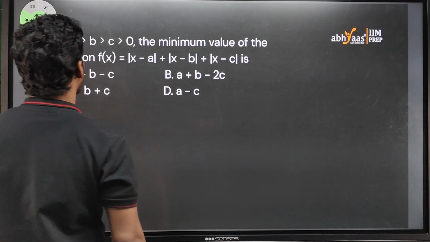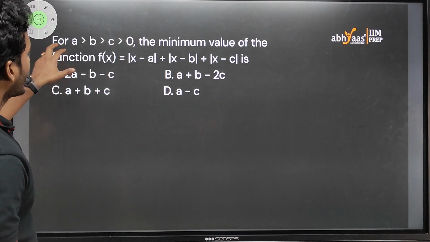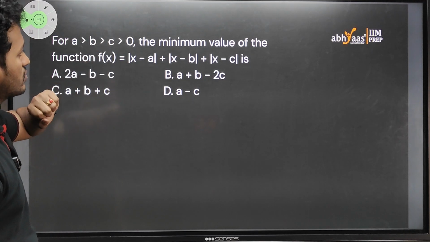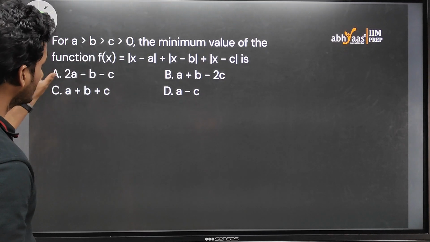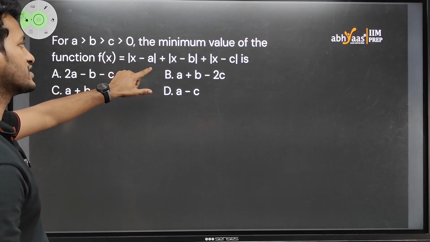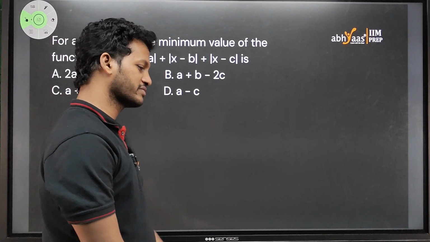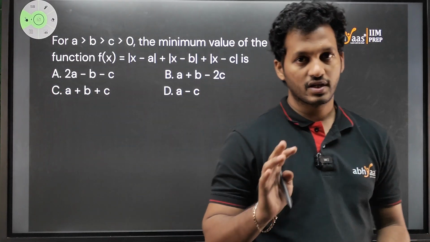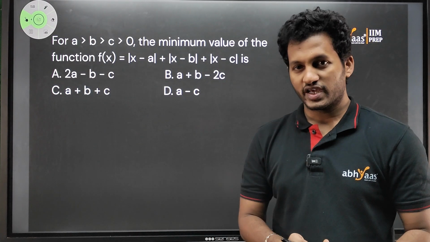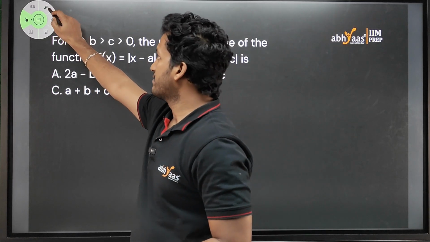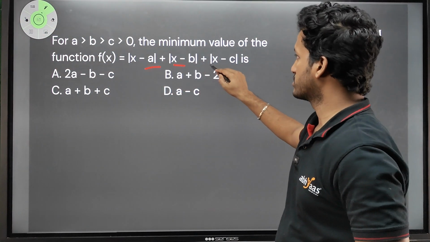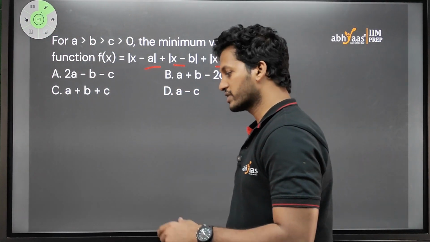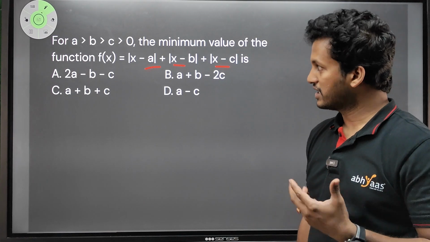See this. For a greater than b greater than c greater than 0, the minimum value of the function f of x is mod of x minus a plus mod of x minus b plus mod of x minus c. Generally, even in your Kozhikode examination, I am hoping that they will give these mod functions. If you can get the logic easily, it is okay.